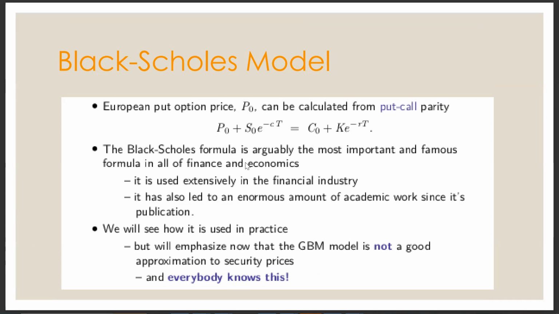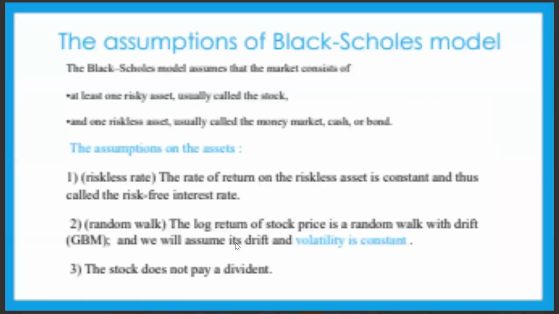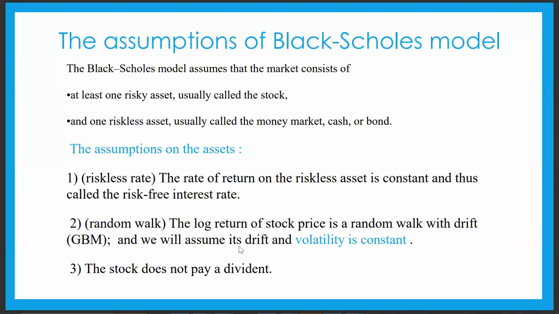After that, we can say that the geometric Brownian motion model is not a very good approximation to security prices, and everybody knows this. Why? Because there are some assumptions, and these assumptions are hard to satisfy in practice. For example, the riskless rate.